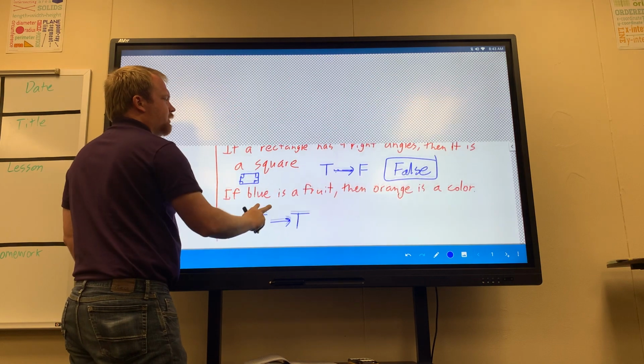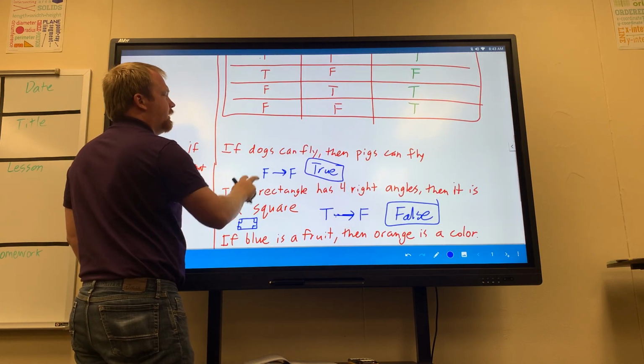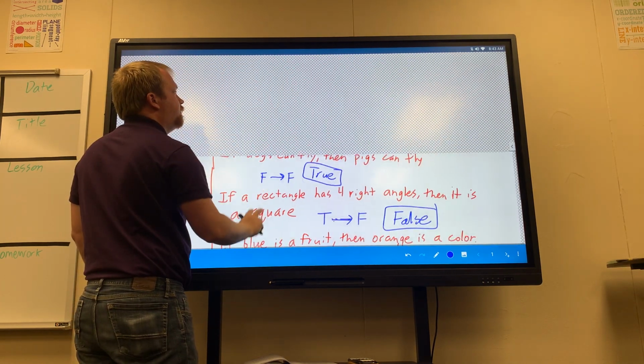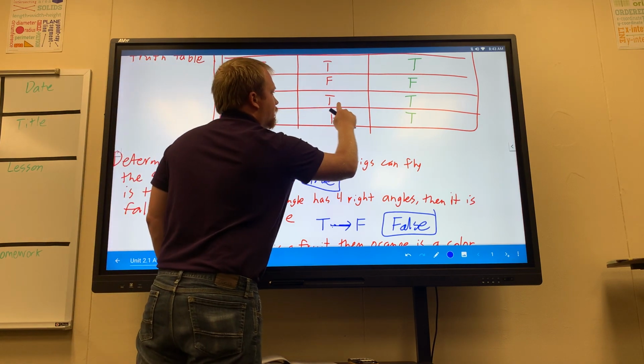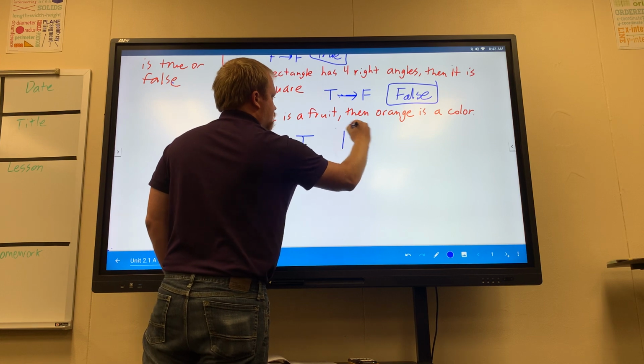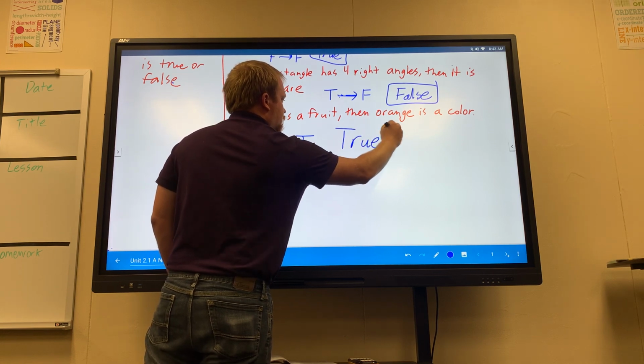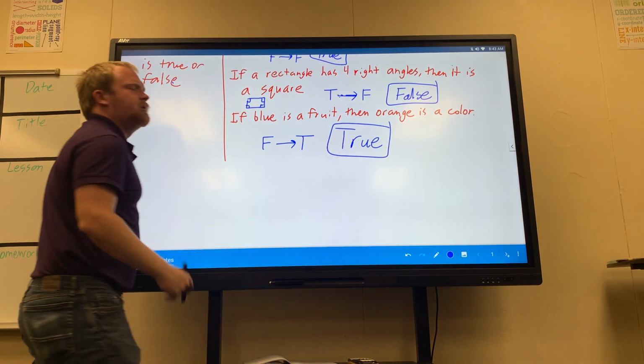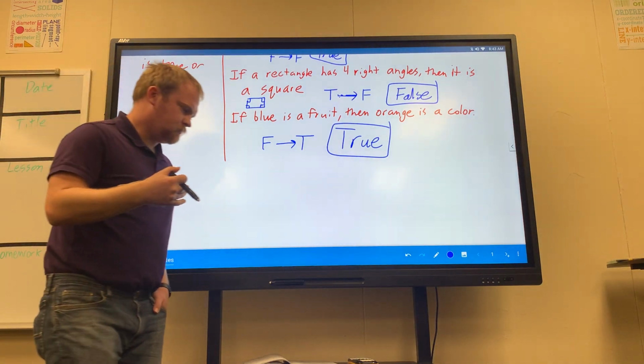So if we look at our tables again, if I go from false to true, then the statement is true as well. So that statement is true.